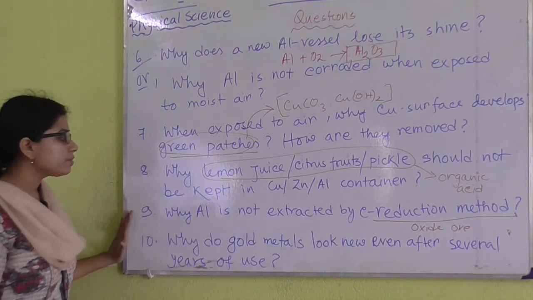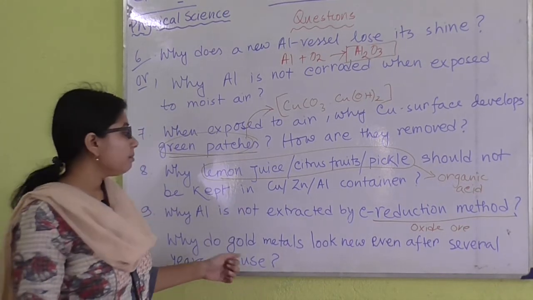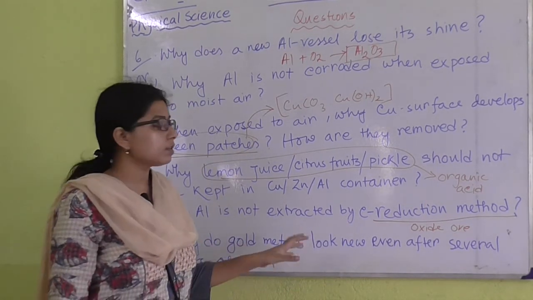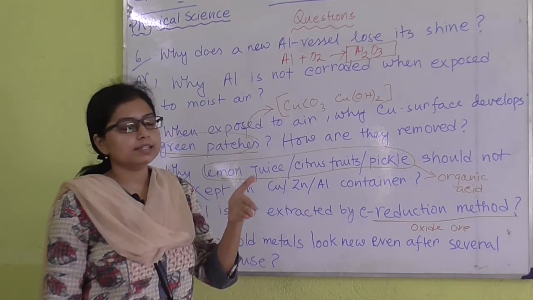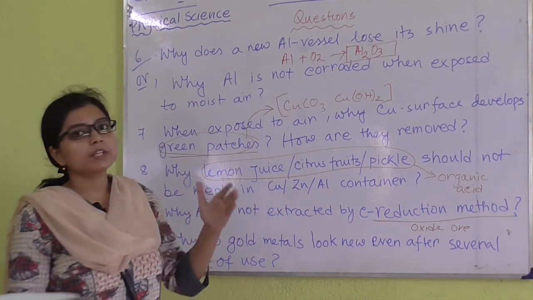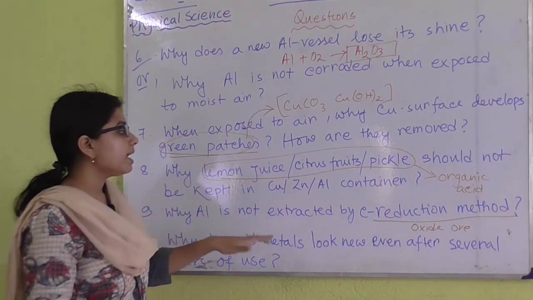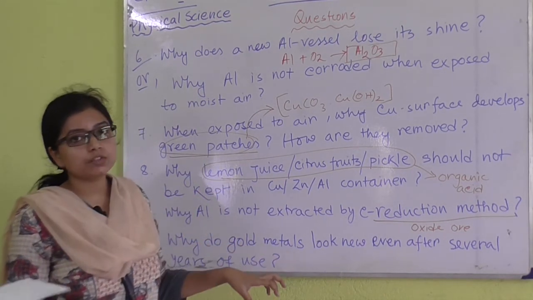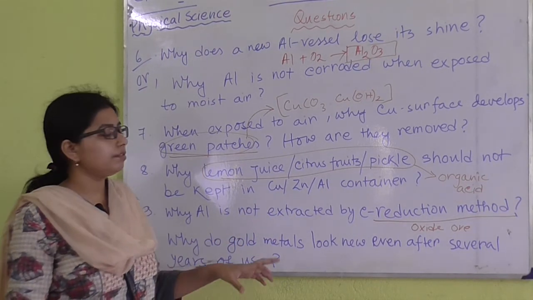And the last question is, why do gold metals look new even after several years of use? Because gold is in the lowest position in the electrochemical series. There are gold, platinum, silver, all present in the lowest position of the electrochemical series, and that is why they are not so reactive, and gold is basically very much less reactive in nature.